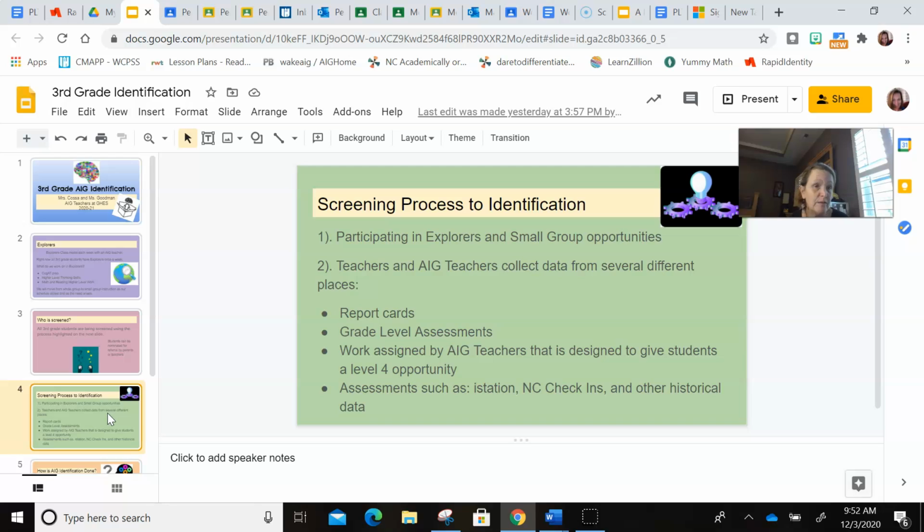Report cards, grade level assessments, work that Ms. Goodman and myself are designing to give students a level 4 opportunity. We're also collecting some assessment data that we have available to us. Assessments such as iStation, NC check-ins, and other historical data that we can look at.